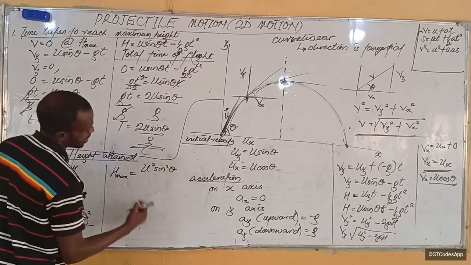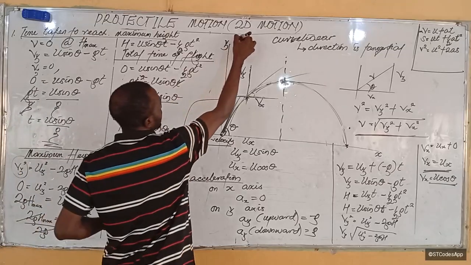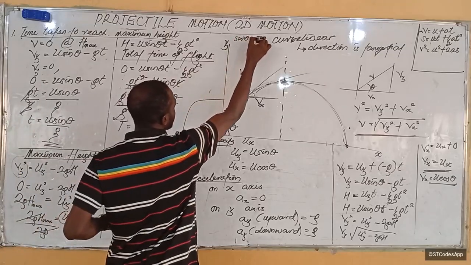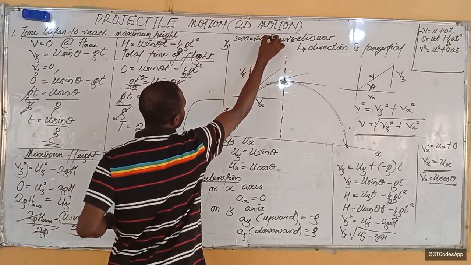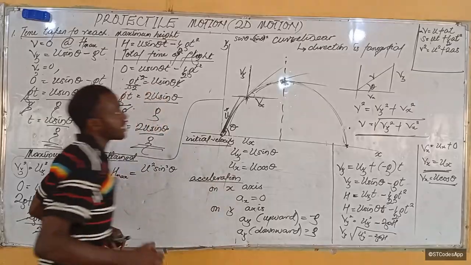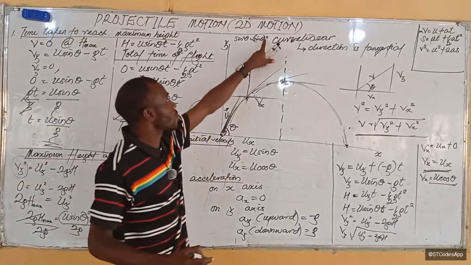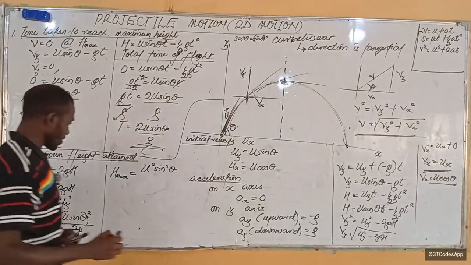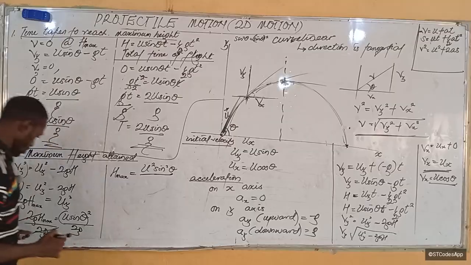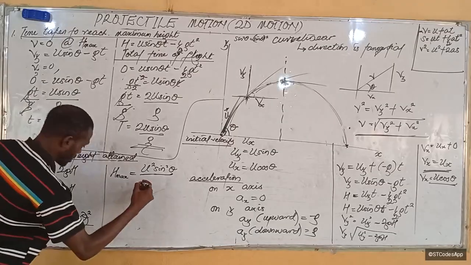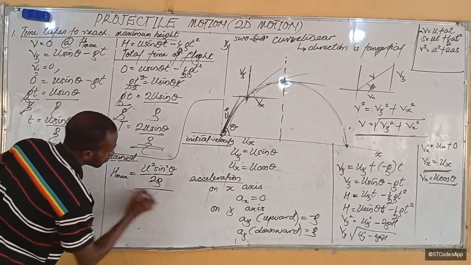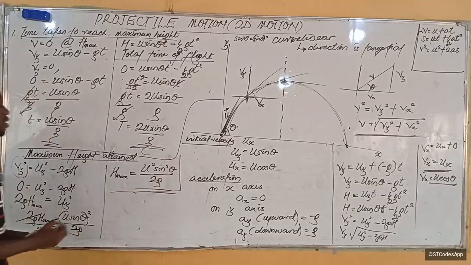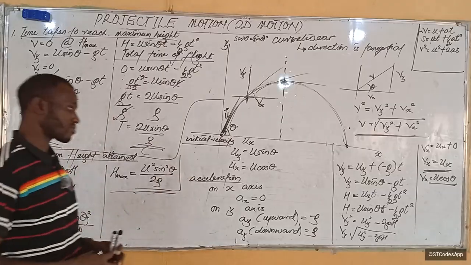Sine squared theta is the same as sine theta all squared. We don't put the square on theta, we put it on the function. So we have u squared sine squared theta over 2g. So this will be the formula for maximum height reached.